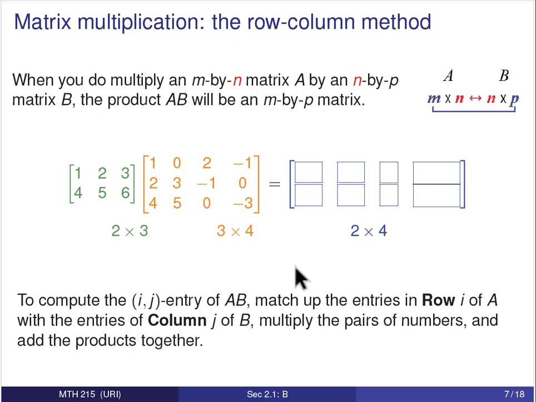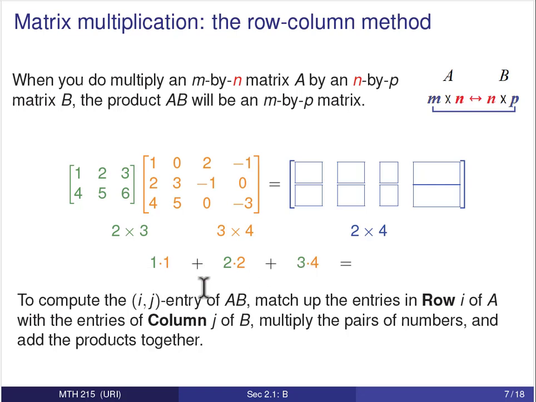Now, for the 1, 1 entry, row 1 takes the numbers 1, 2, and 3. Column 1 of the second matrix gives me 1, 2, and 4. What I'm going to do is pair those together. So the first entry goes with the first entry, the second entry goes with the second entry, and the third entry goes with the third entry, and we get those pairs in that way. Now, I'm going to multiply those two numbers together in each case, and that will give me a bunch of numbers.